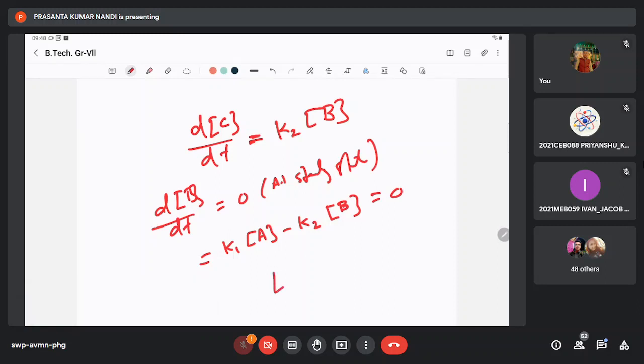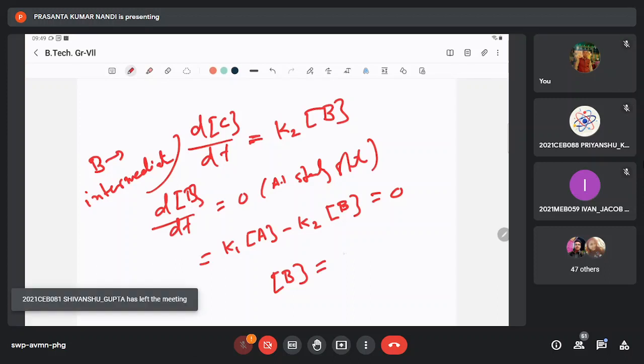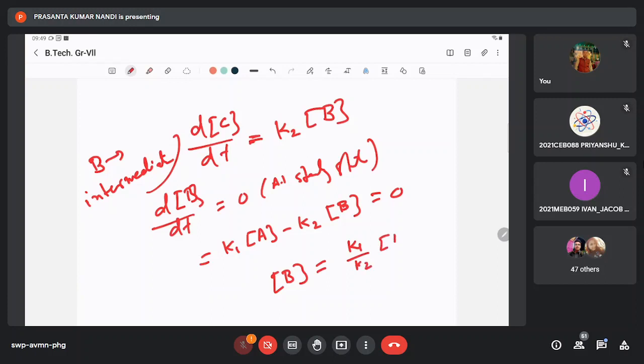And from that you can write the intermediate concentration. Here B is the intermediate species. So can we write B equal to K1 by K2 concentration of A? Okay.